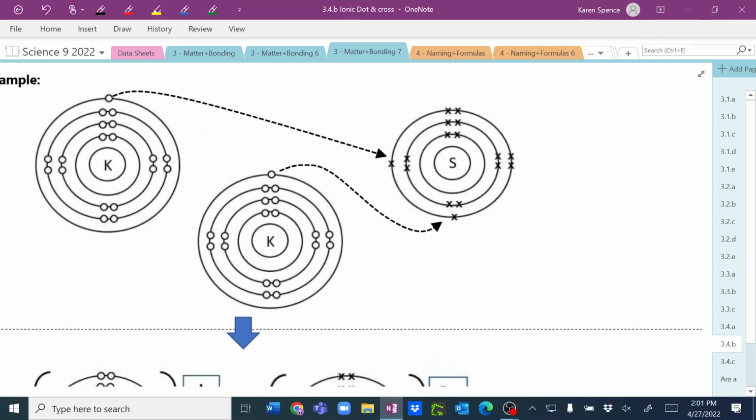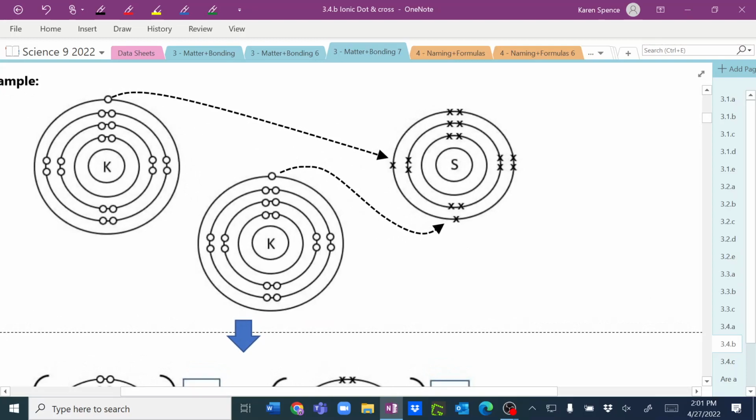We have a potassium. And remember, potassium is atomic number 19. Okay? So how many electrons does potassium have? 19 electrons.